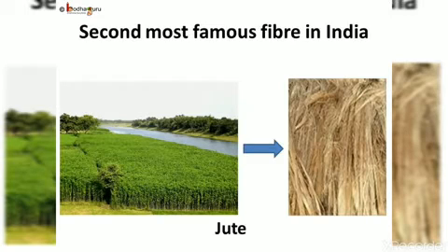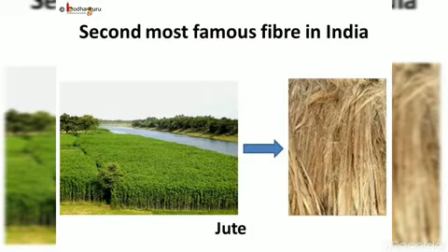Besides cotton, there is one more plant fiber which is very famous in India, and that is jute. Jute fibers are very durable and strong, but very rough. Hence, generally people don't prefer jute clothes, but jute fiber has many uses.